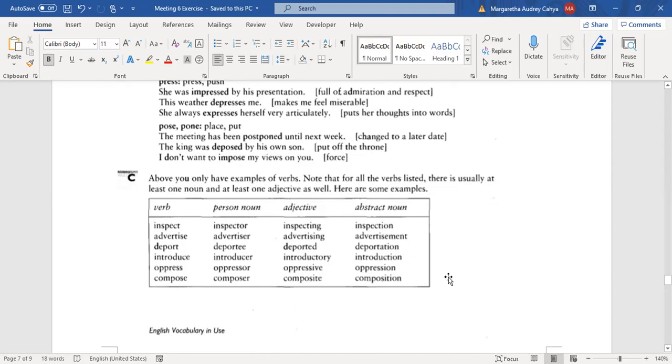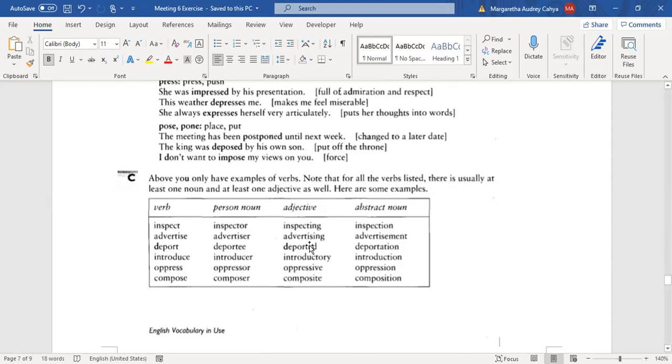You will be able to know. Jadinya begitu kalian sudah belajar root, prefix, dan suffix, kalian akan bisa mengetahui apakah kata itu sudah ditambahkan prefix, kata awalan, or suffix, kata yang di belakang.